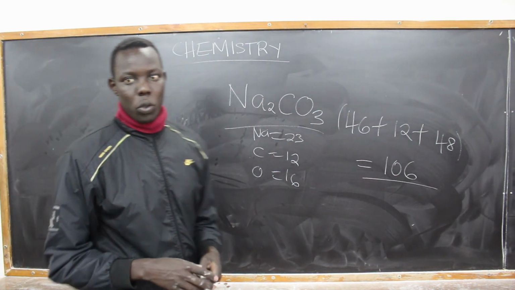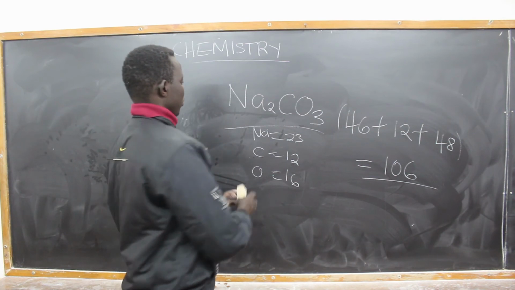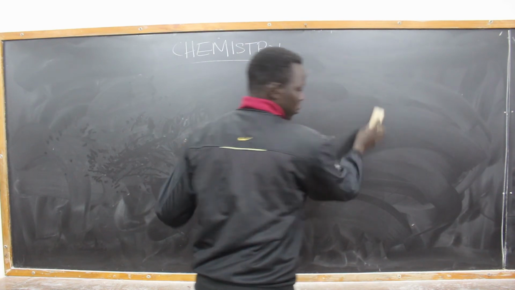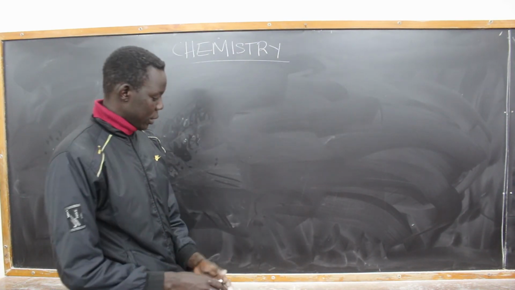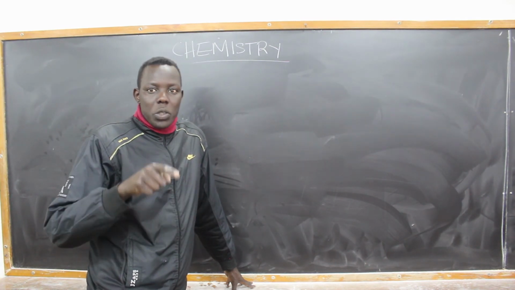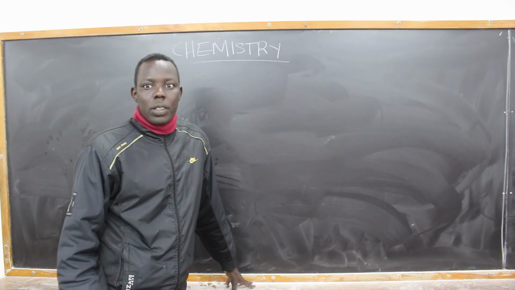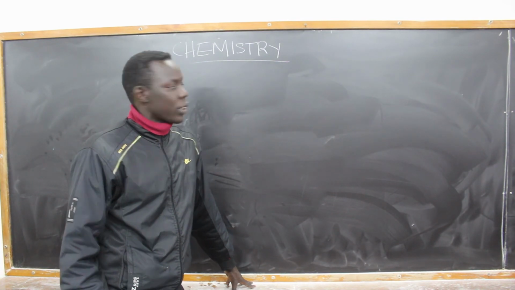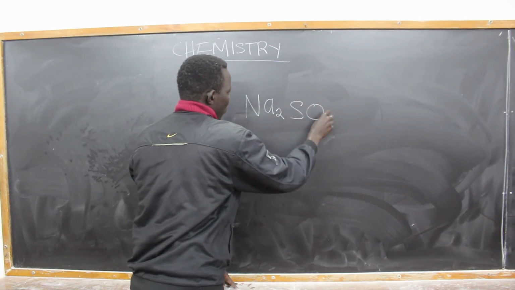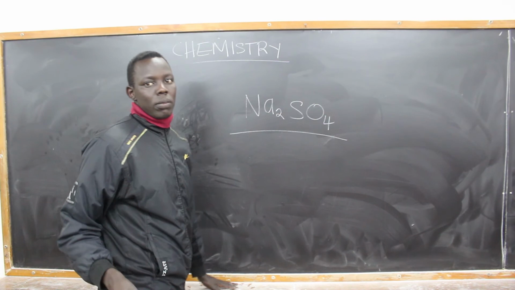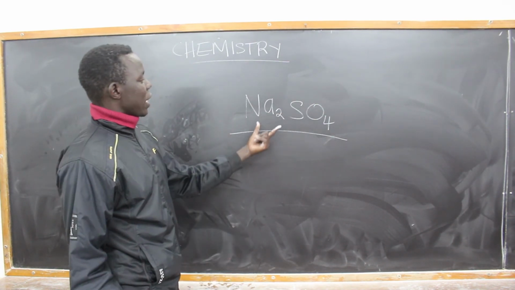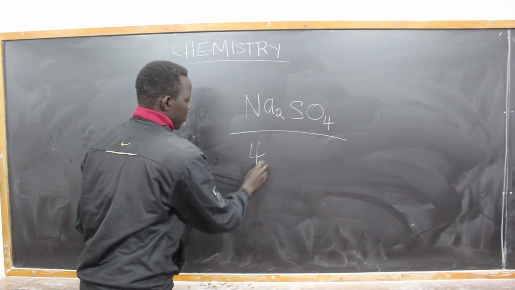So let's look at the one for sodium sulfate. You pause the video, then write sodium sulfate. When you are done, you proceed. See if you have written the correct thing. Anyway, it's well. So sodium is 23 and it is 2, so it's going to give us 46.